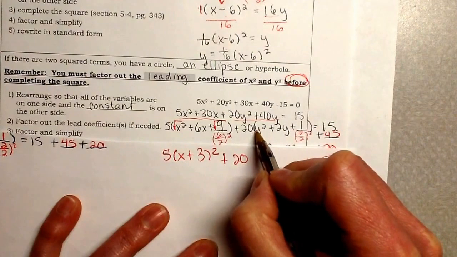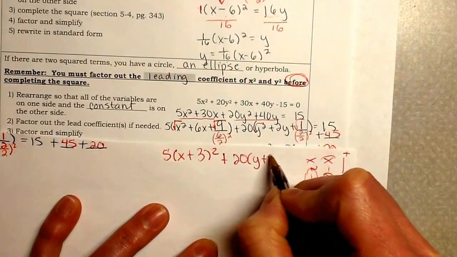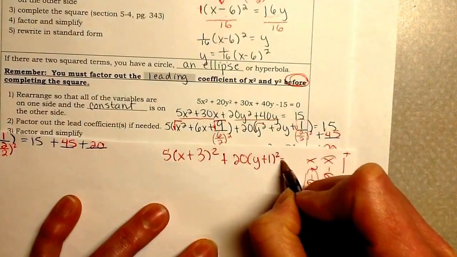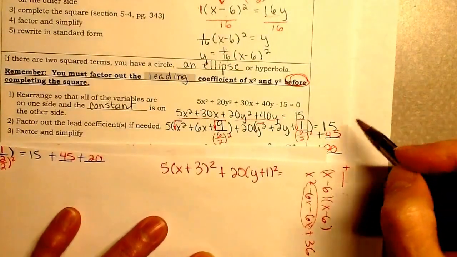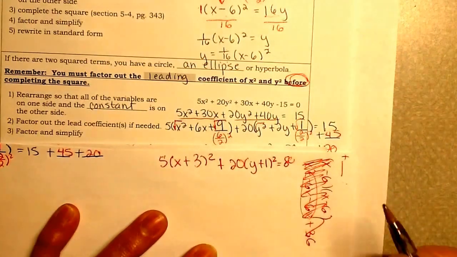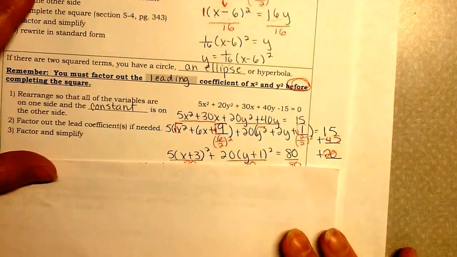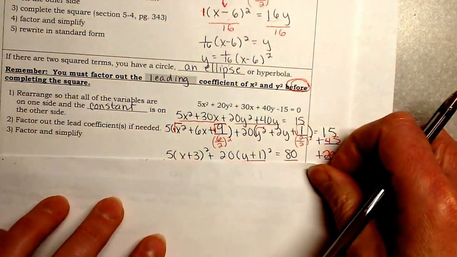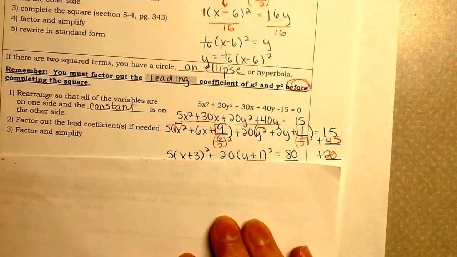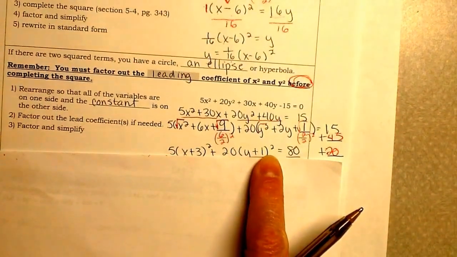We're going to take the square root of y squared, the square root of 1. So it's going to be y plus 1 squared equals, and if we add those together, we're going to get 80. And then let's just ignore this right here. Okay, so basically what we have is this.